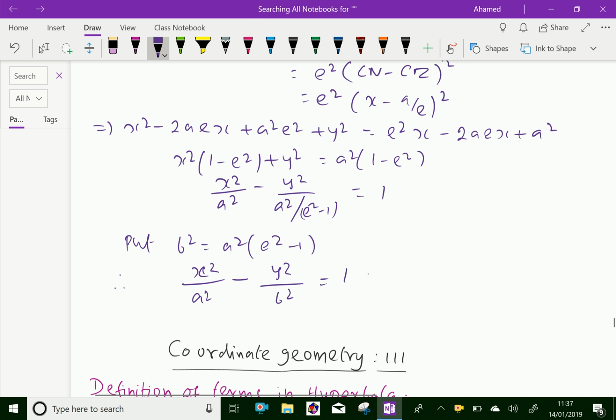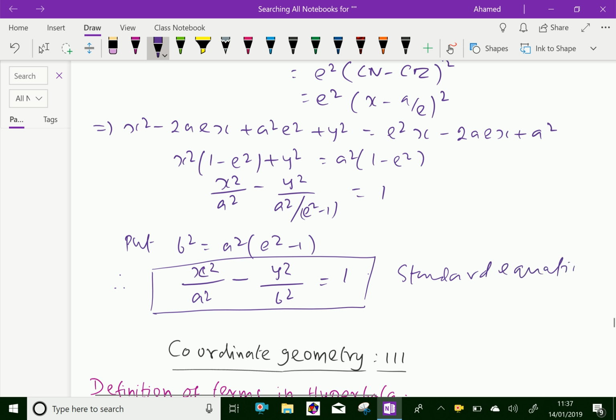This is the standard equation of a hyperbola.